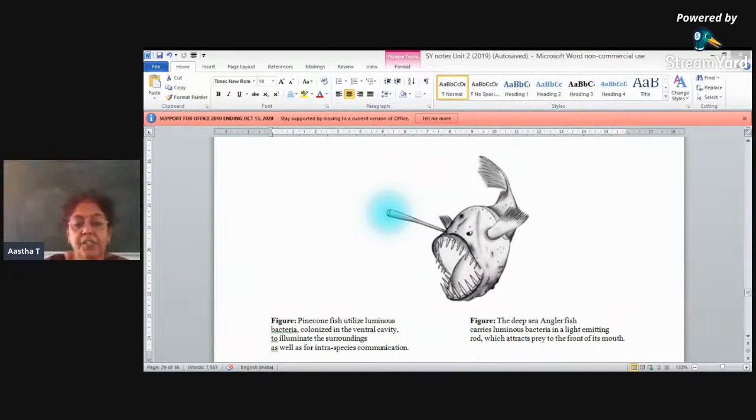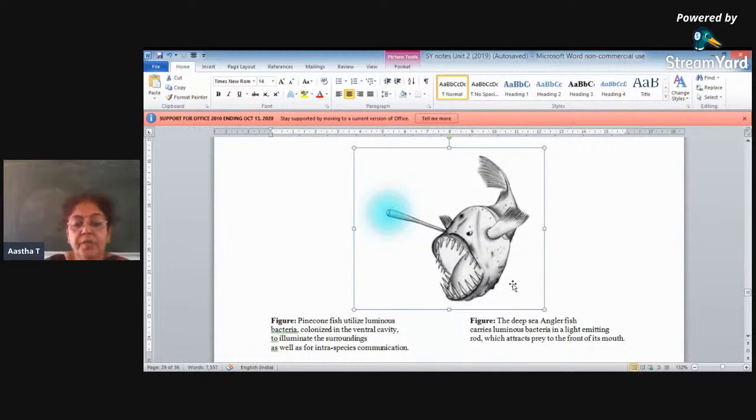Now, what is the characteristic of this fish? It has a typical rod-like structure.